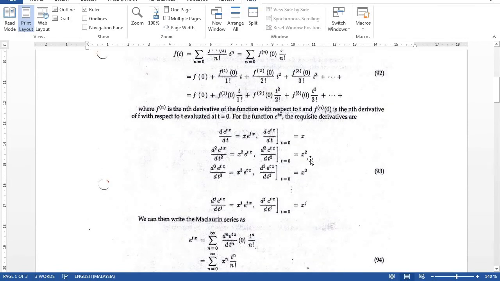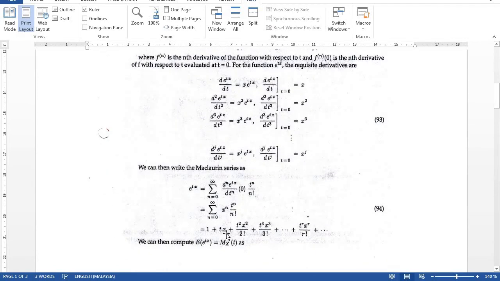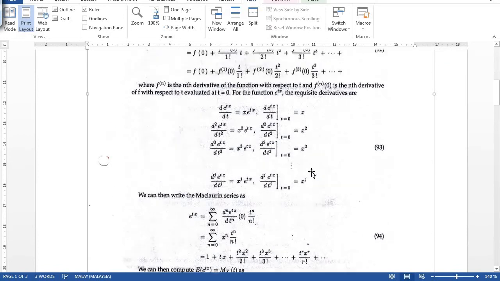already x squared, x cubed. So we replace the terms here with x, and then x squared, x cubed, and so on.